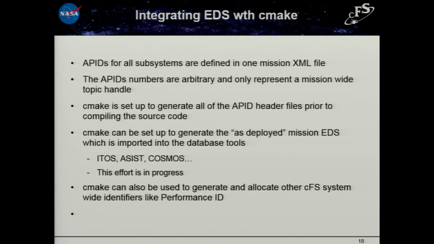Yeah, that's a good point, and so I want to get to the more general point. Well, maybe we'll delay that until we talk about EDSs in general. But the EDS is the flight software version of the world. It can be imported into many other things, but there will be some conversions. Flight software doesn't have a concept of a mnemonic.